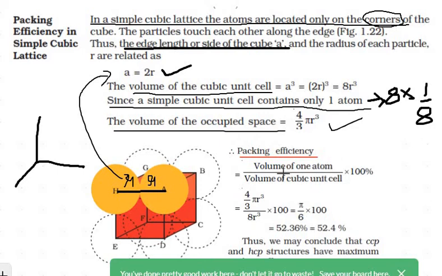So volume of one atom is 4 by 3 pi r cube. It came from here. And volume of cubic unit cell, that is the total volume, came from here.